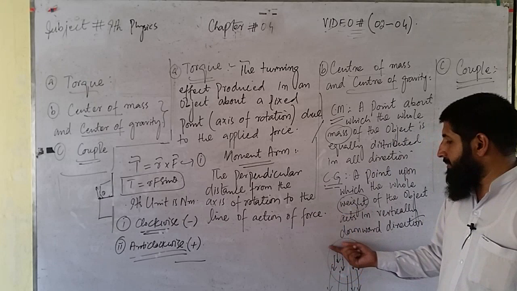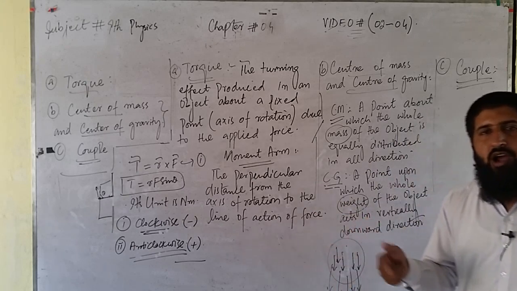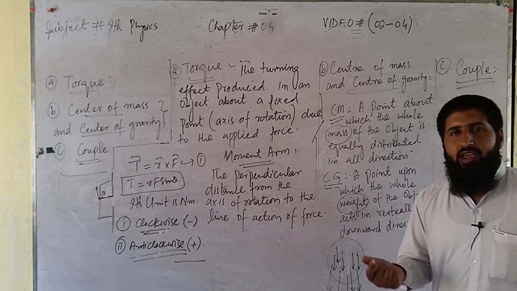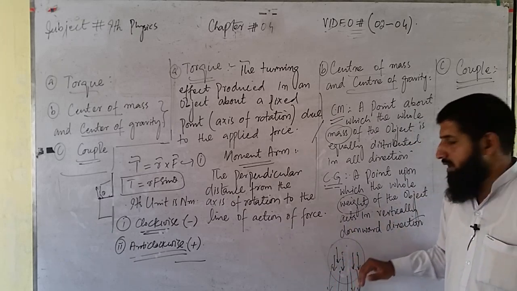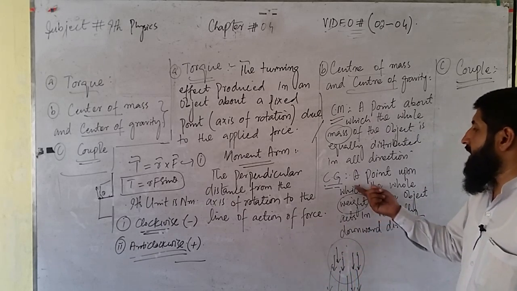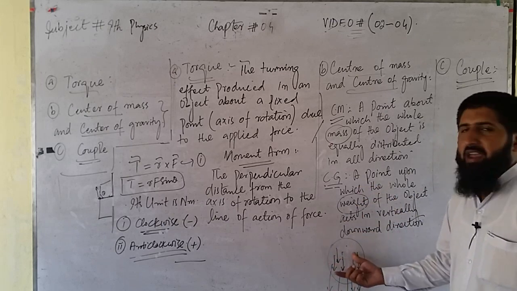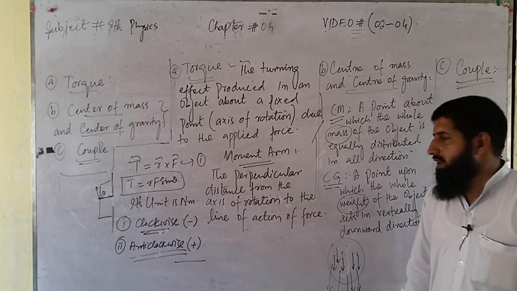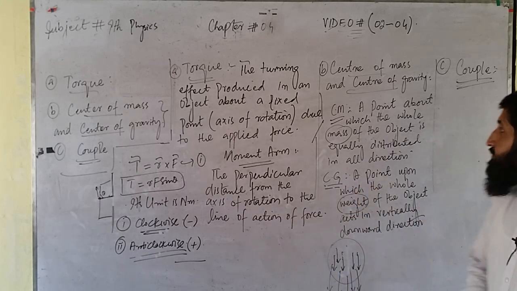And it should be kept in mind that the object is composed of a large number of particles and each point will experience a weight which is acting in the downward direction. But here we assume that the whole impact will be experienced by a single point, and that particular point is called center of gravity.